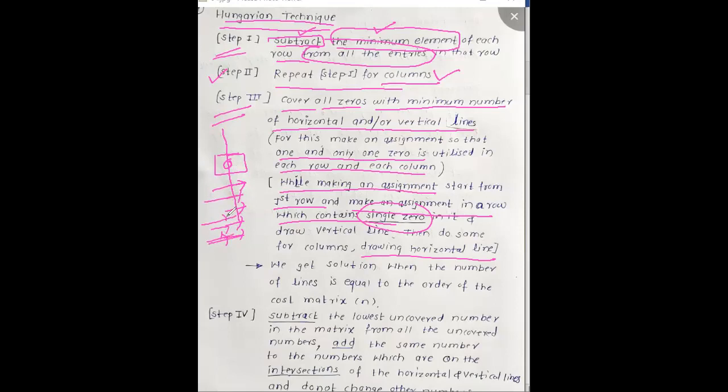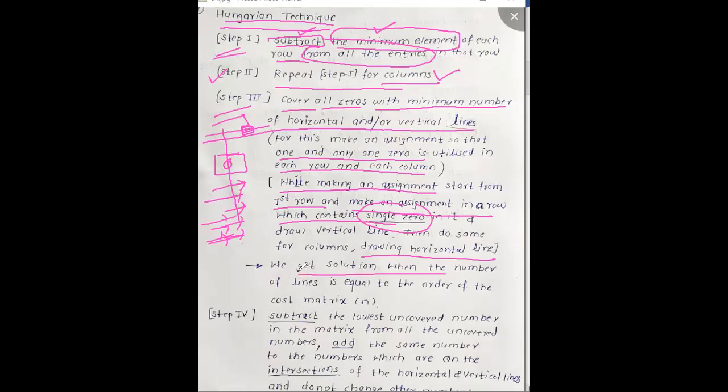Suppose the third column contains a single zero, then we use that zero in the third column and draw the horizontal line. That means when we make an assignment in a column, we draw a horizontal line. So in this way, we get vertical lines and horizontal lines. For one assignment, we draw one line, either horizontal or vertical.